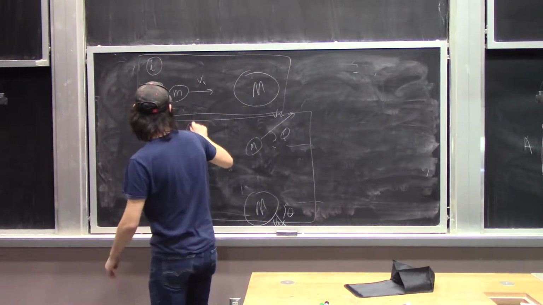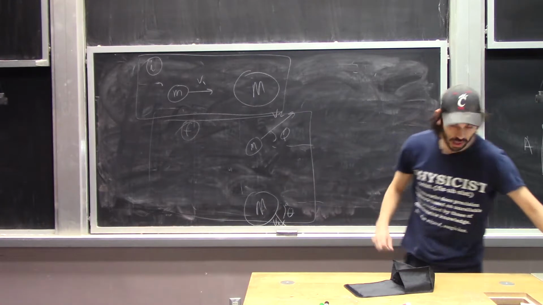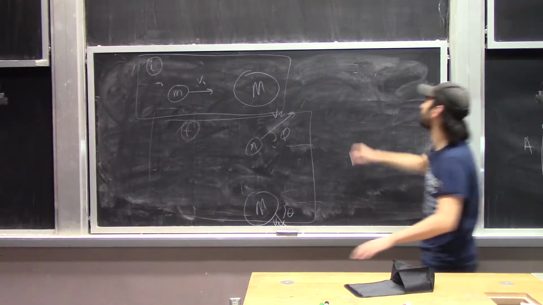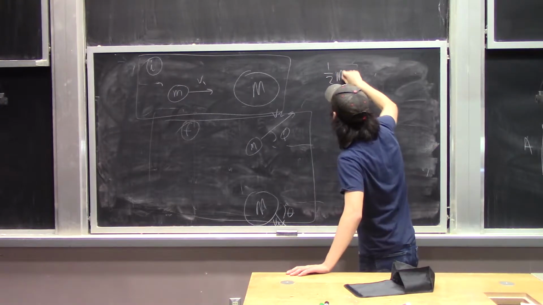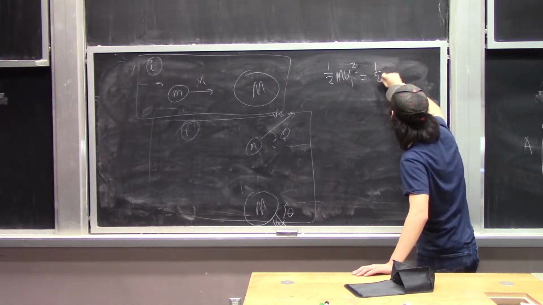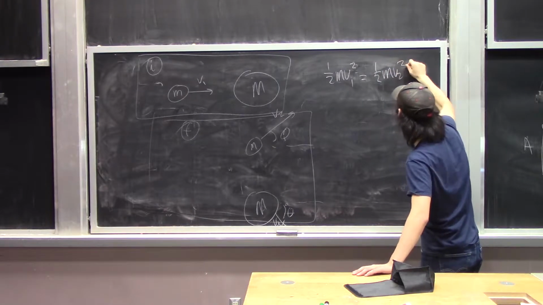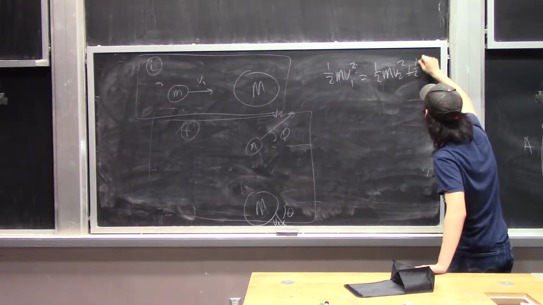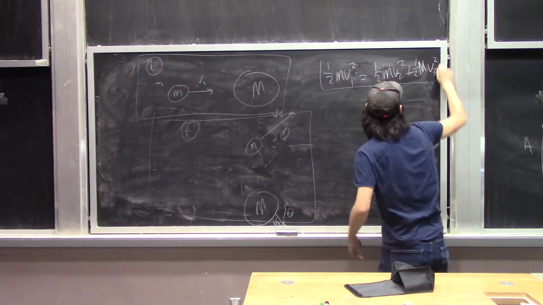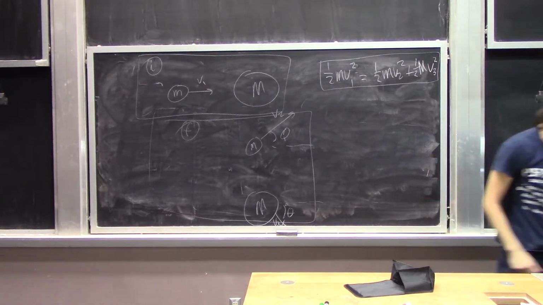The kinetic energy in the initial state is equal to the kinetic energy in the final state, which says that 1/2 m v1 squared is going to be equal to 1/2 m v2 squared plus 1/2 capital M v3 squared. Okay? So that's our statement of conservation of energy.